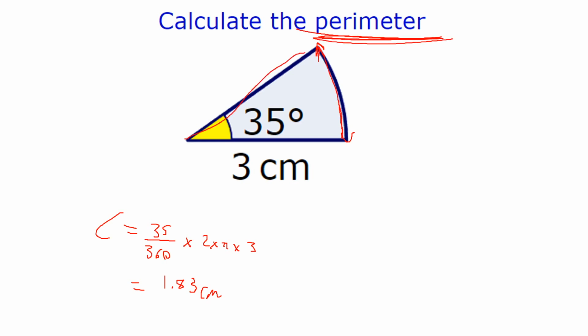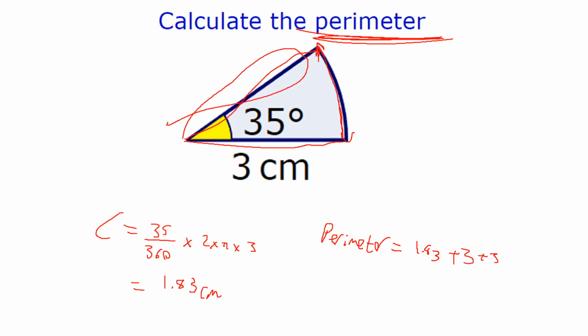That's everything around the edge. So all we're going to do to work out the perimeter is it's equal to the arc length, which is 1.83, plus this radius here, which is 3, and then we have a radius up here, which is also 3. So we're left with an answer of 7.83 centimeters.